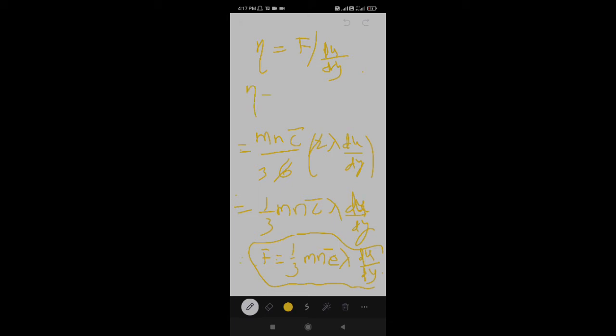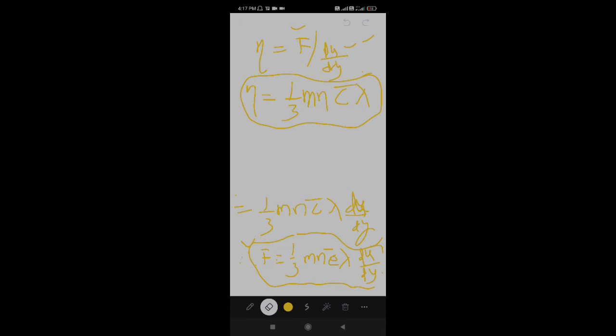Substituting the F value here, this du by dy and this du by dy will be cancelled. So eta is equal to 1/3 m n c bar lambda.